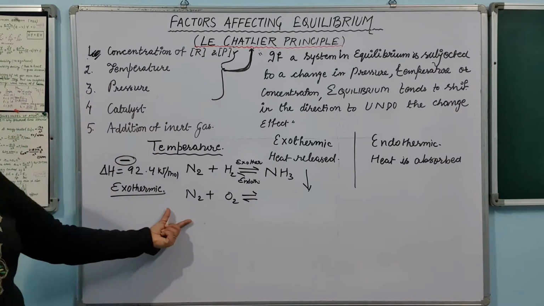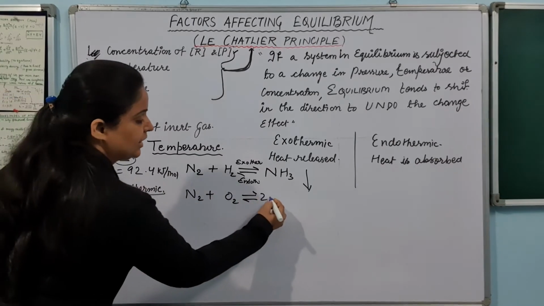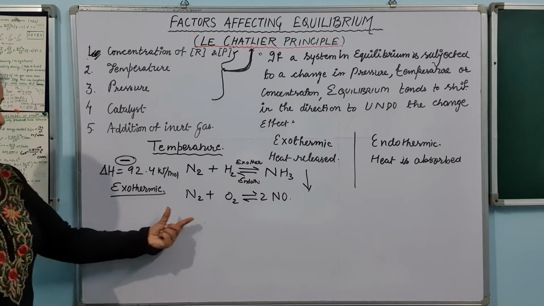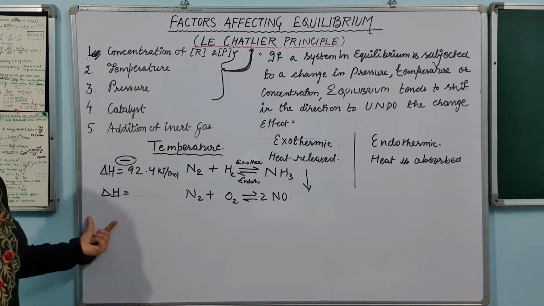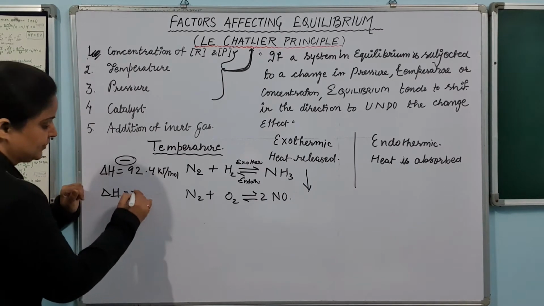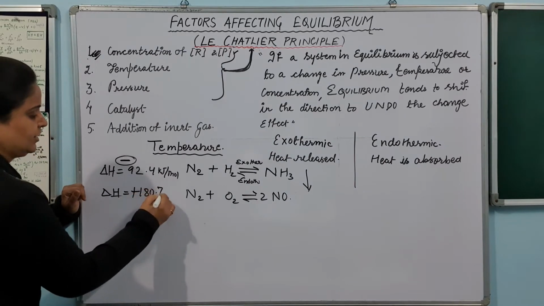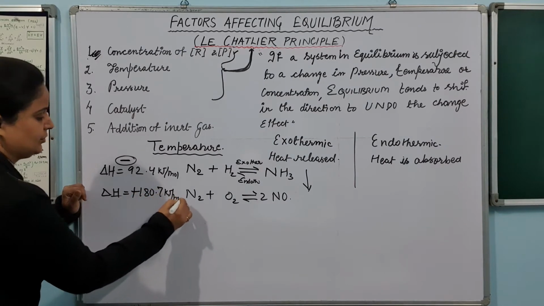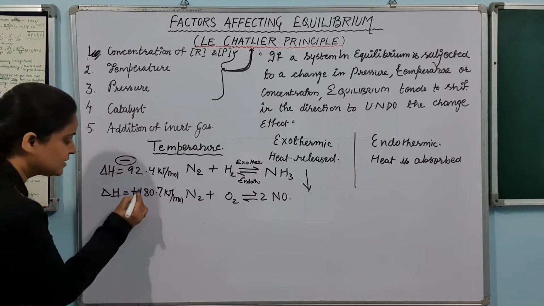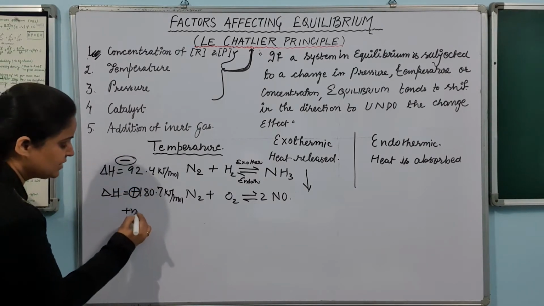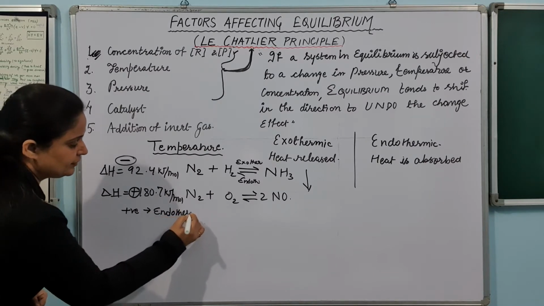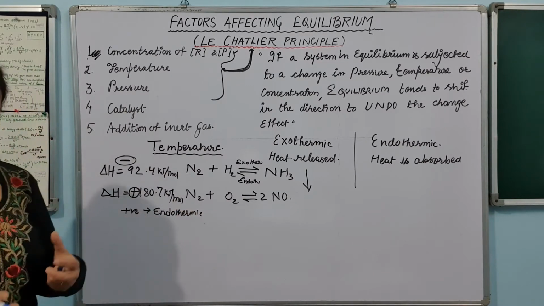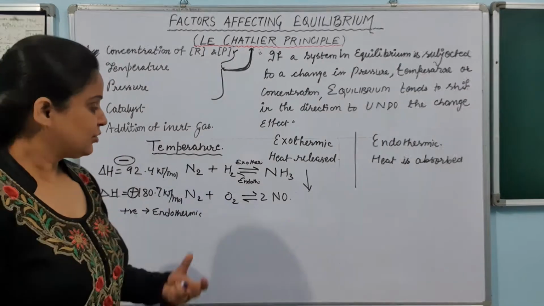Nitrogen and oxygen gas combine to form nitrogen oxide, and for this particular reaction delta H की value is plus 180.7 kilojoules per mole. Okay, so can you understand here, this is positive and positive means endothermic. Okay, so because it is endothermic, इसे heat चाहिए, it needs heat, तो आप कराइए provide.